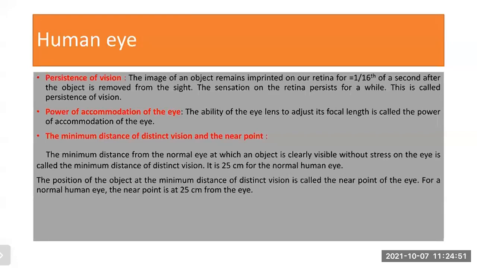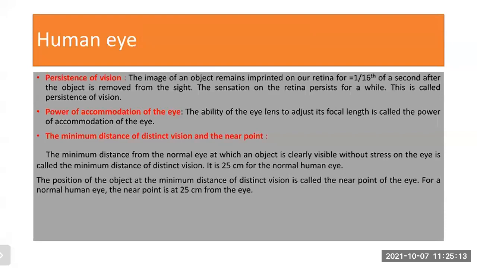So this is called the persistence of vision. Remember this thing. The image of that object will remain on our retina for 1/16th of a second after the object is removed. So this sensation is called the persistence of vision.